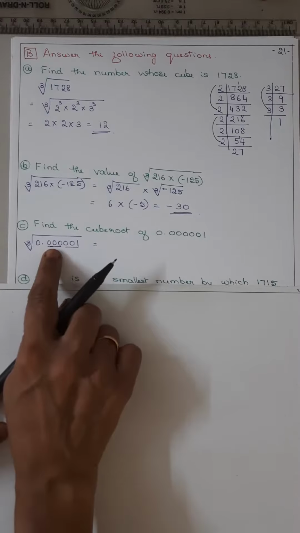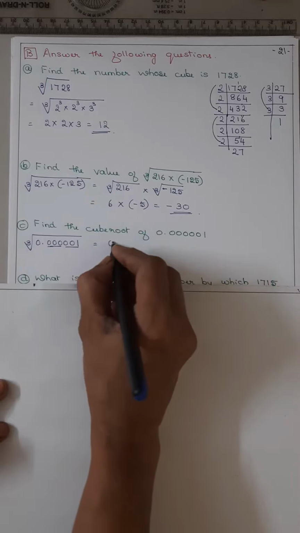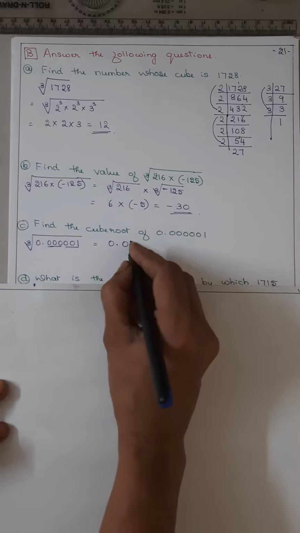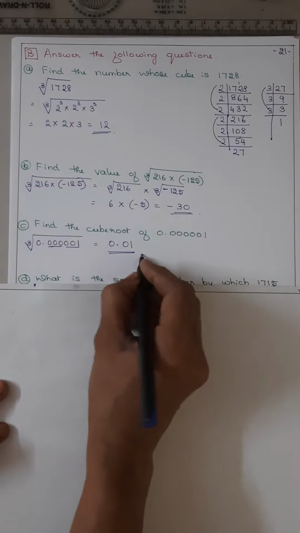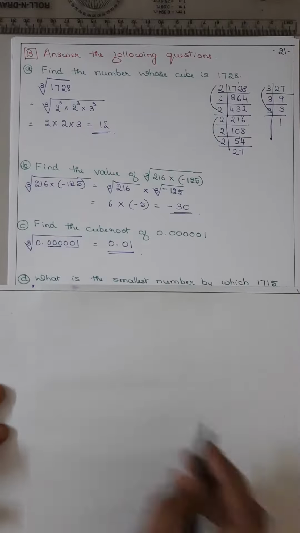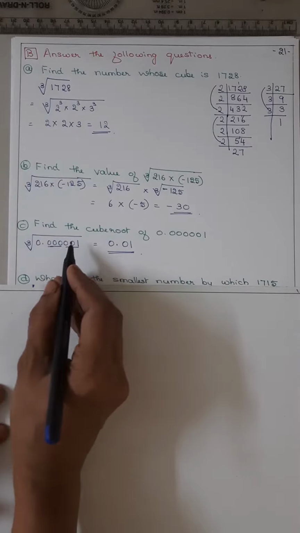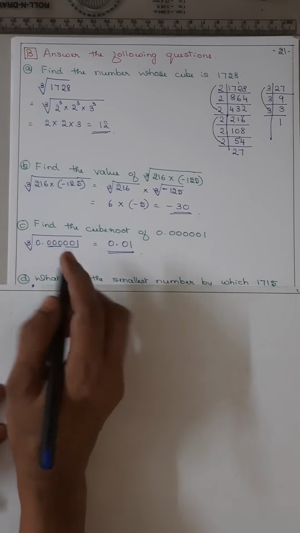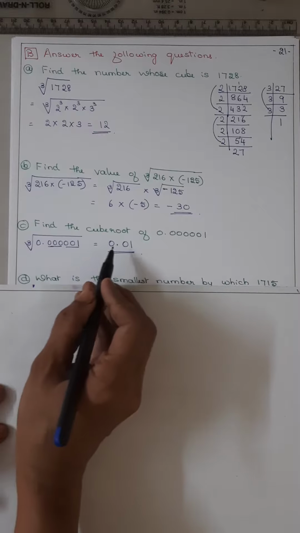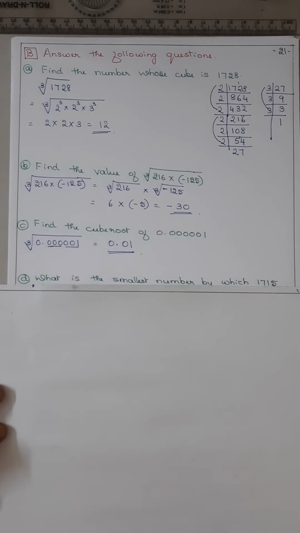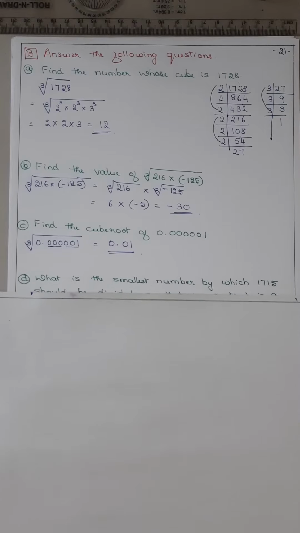So for 3 zeros, you will have 1 0 and 0 0 1, it is 1. The answer is 0.01. From the decimal place, the grouping goes from left to right. So 3 zeros, put 1 0 and 0 0 1. The cube root of 1 is 1.